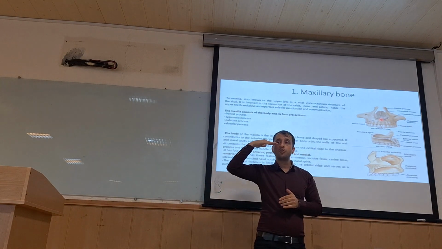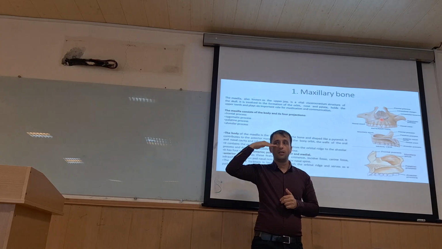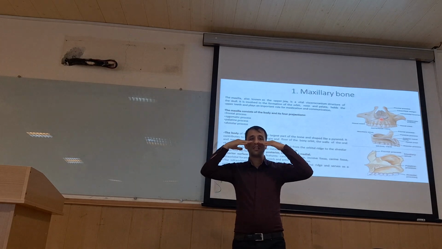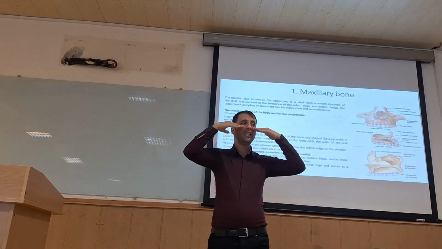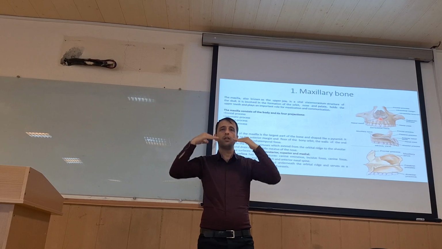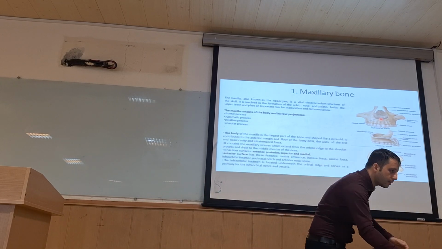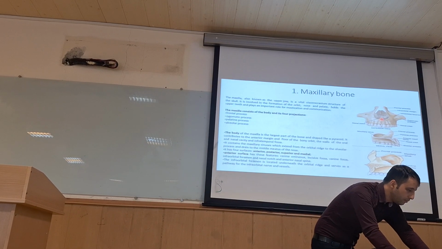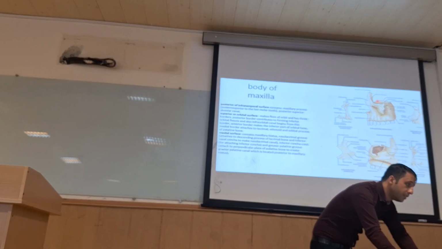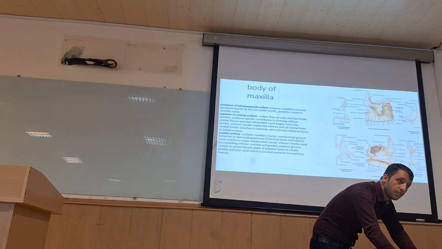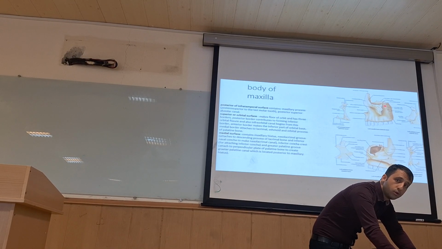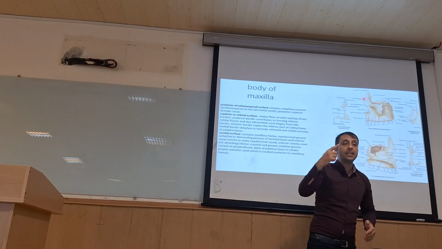Another surface is the superior surface of the body. The superior surface of the body of maxilla makes the floor of the orbital cavity. Look at here. It is the superior surface, making the floor of the orbital cavity, and at the superior surface you can see a groove, the infraorbital groove.